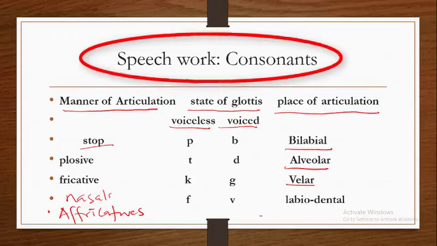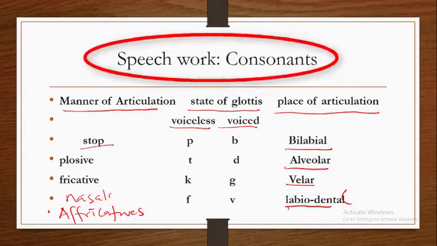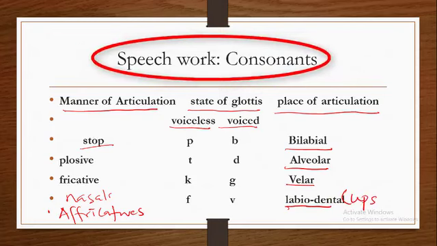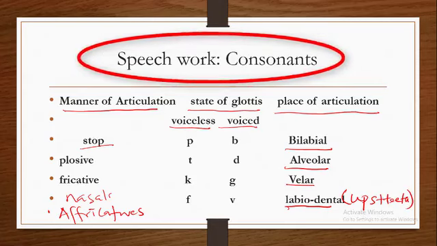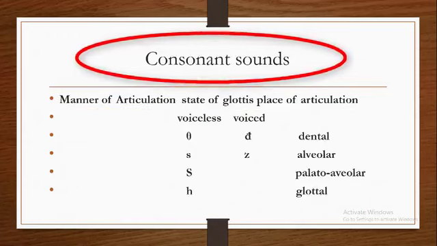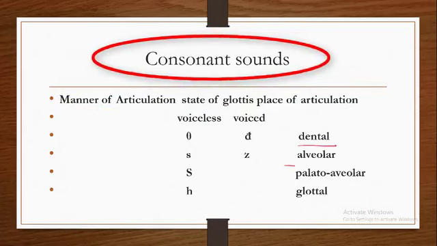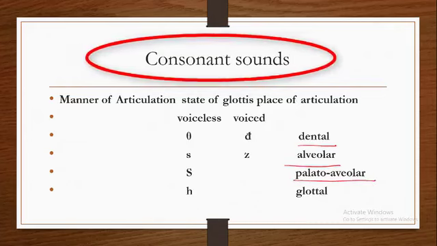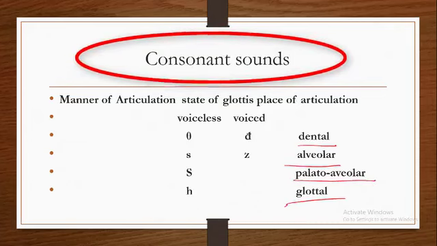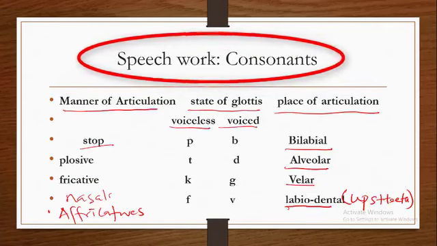Then we have labiodental. Labiodental is discussing if it involves the lips plus teeth. Labio there means lip, dental means teeth. Then we have the dental, we have the alveolar, palatal alveolar, and the what? And the glottal. So all these are what we're going to be considering today.